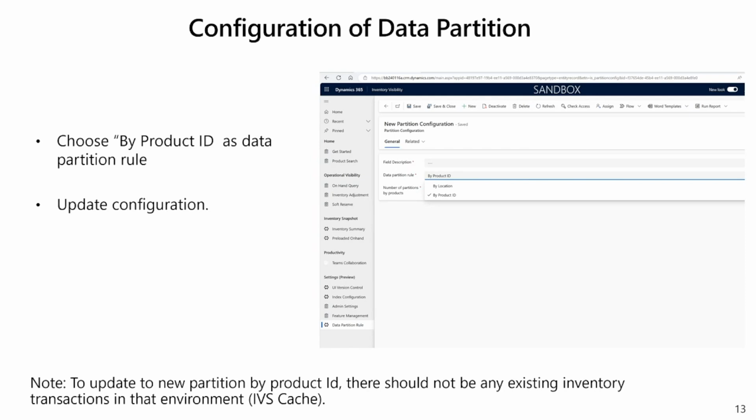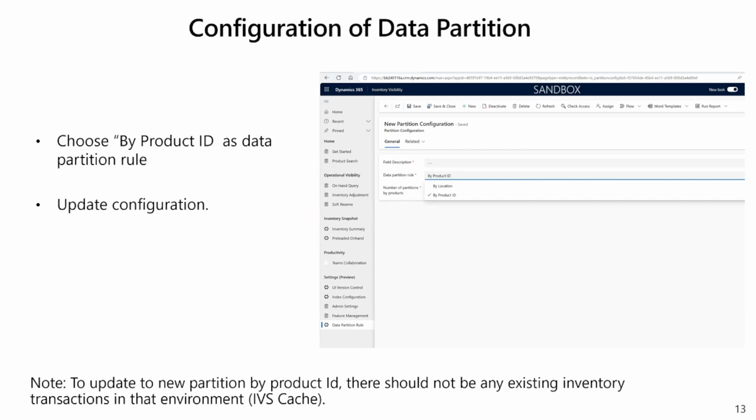And the other one, which we need to take if we want to make soft reservations without site and warehouse, is to use by product IDs. And after changing this from the Power Apps UI, as we do for all the other configuration tables, we need to update configuration to make this change take effect.